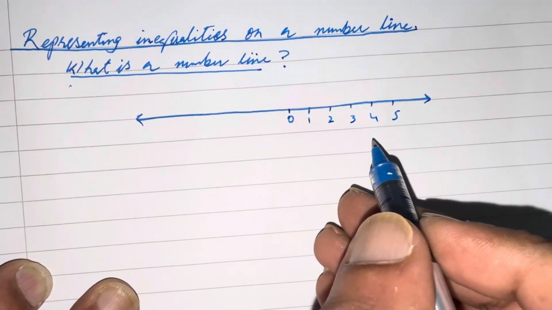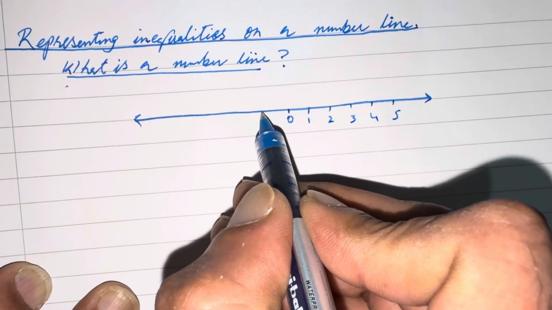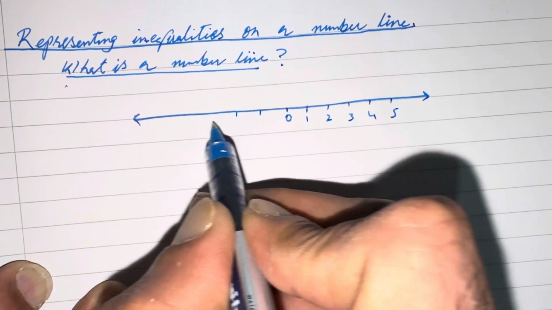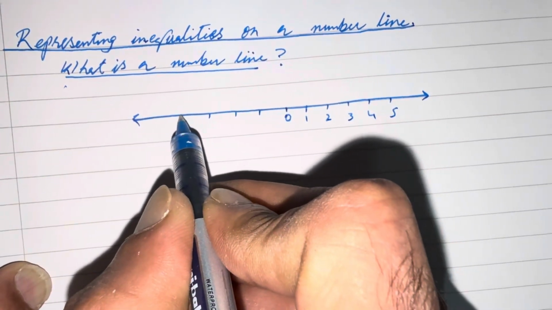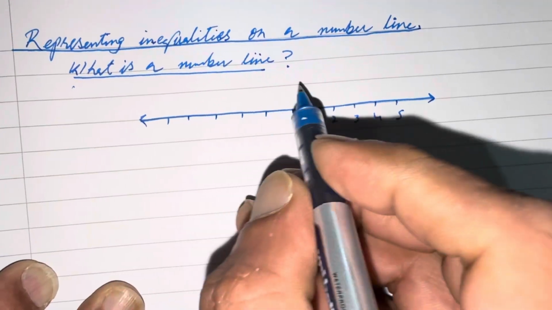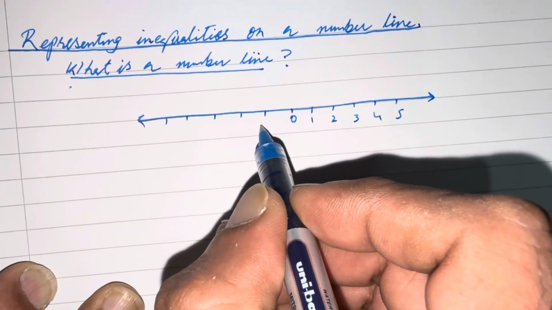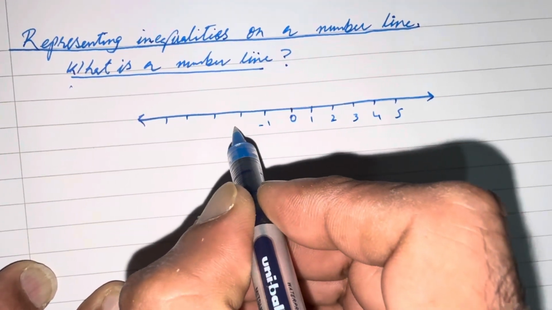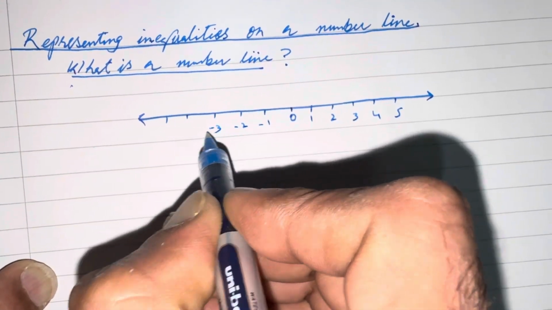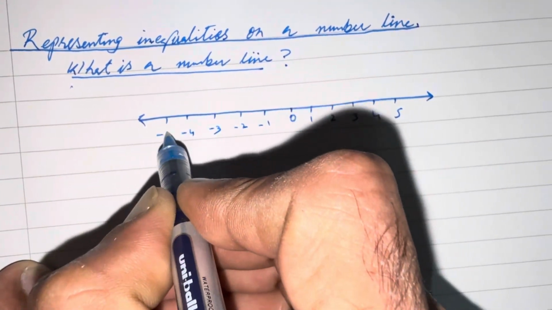And if we go to the left hand side, we always write the minus or negative numbers, just like -1, -2, -3, -4 and -5.